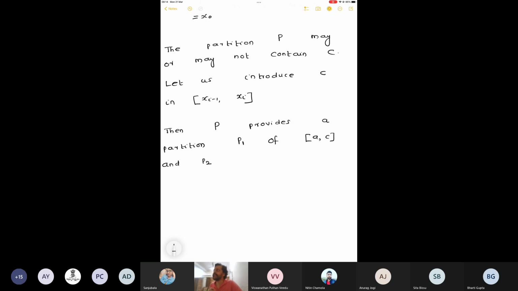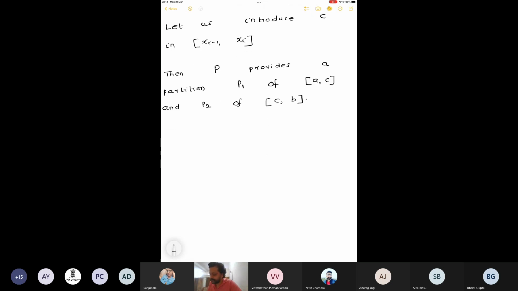Somehow we want to relate the total variation over AC, CB with the total variation over AB. And for relating total variation, I first find how the variation with respect to partitions are related. To put in simple language, P can be thought of as P1 union P2.